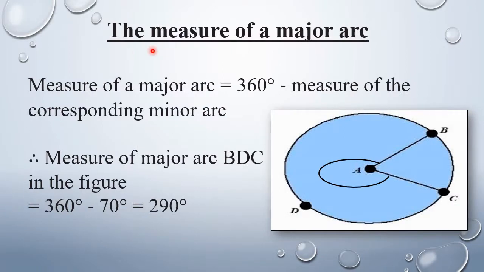Let's see the measure of a major arc. The measure of a major arc is equal to 360 degrees minus the measure of the corresponding minor arc.